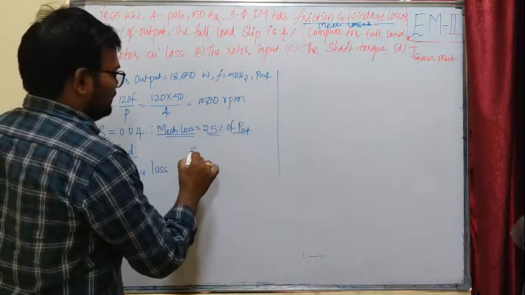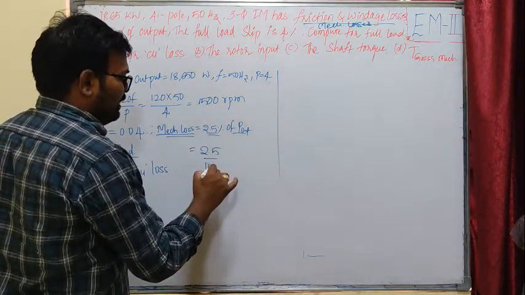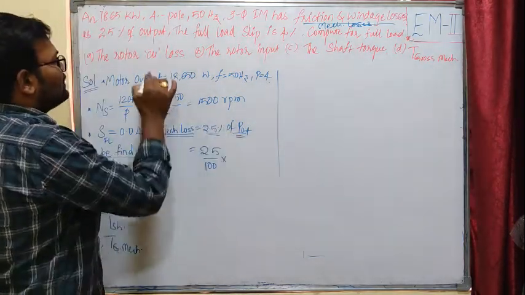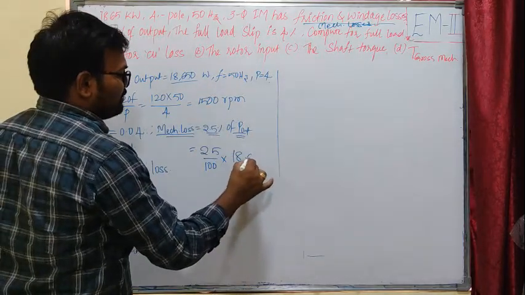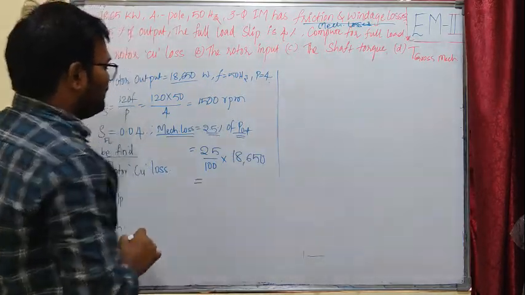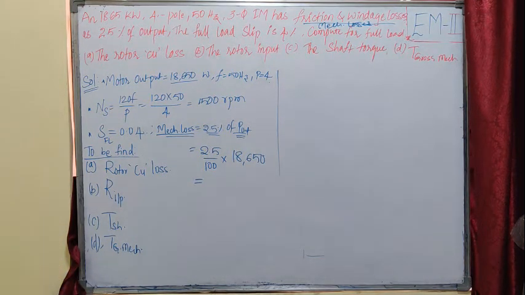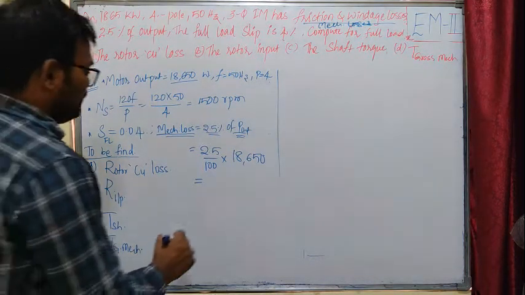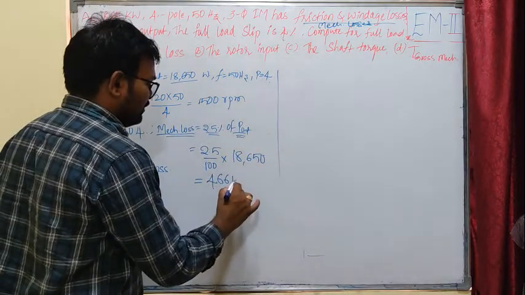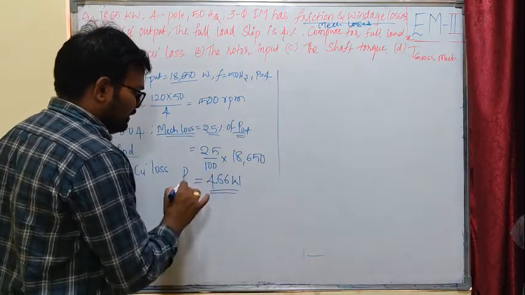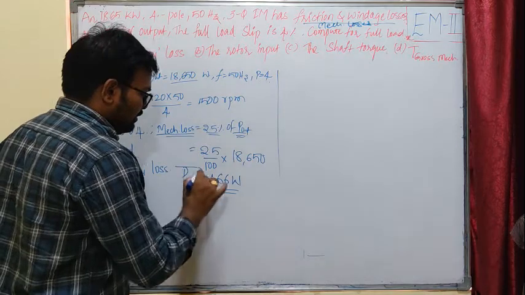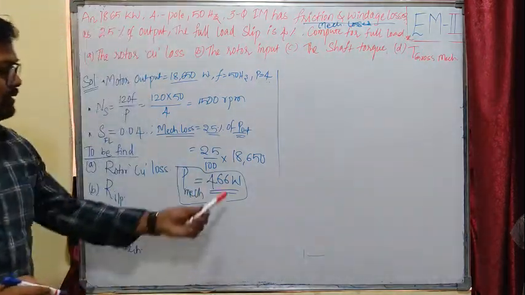That is 2.5 by 100 into the power output, which is 18,650. The value is 466 watts. The mechanical losses in the induction motor are 466 watts.